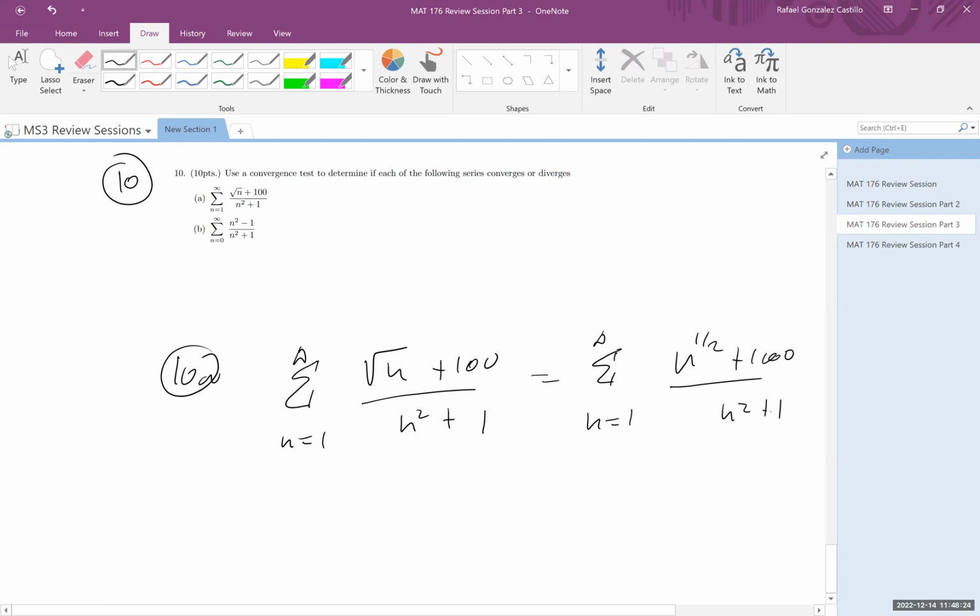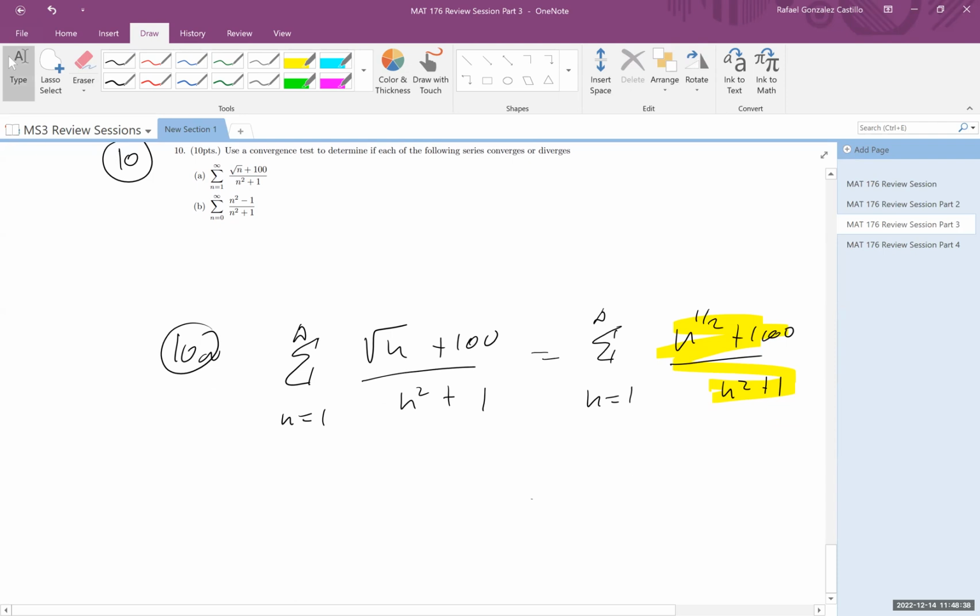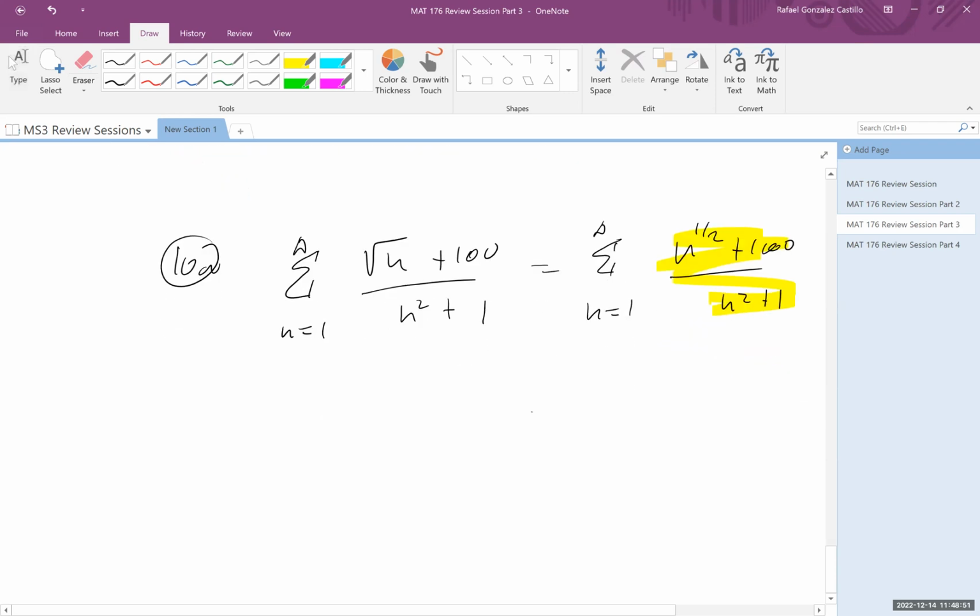What the nth root test says is that if the underlying sequence converges, then the series converges. Or we could even use the limit comparison. Either one will work fine, but I'll use the limit comparison test.